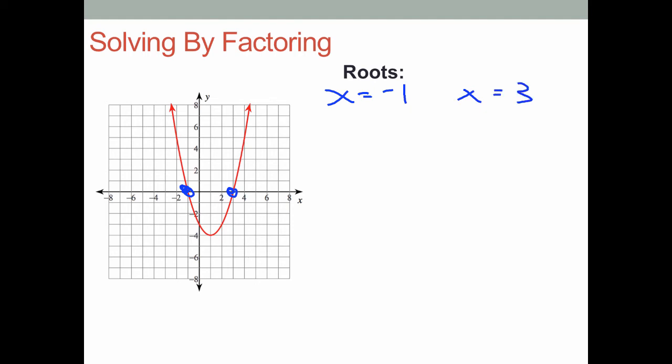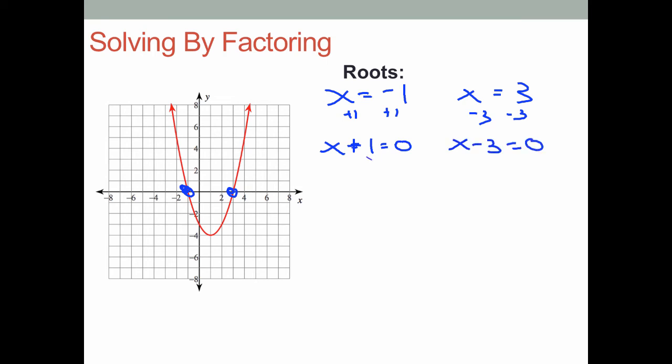Now, I also taught you a method of finding this equation to figure out what this equation would be. And that would be to add 1 on both sides, or -3 in this case, and set these equal to 0. So it would be x plus 1 equals 0, and then x minus 3 equals 0.